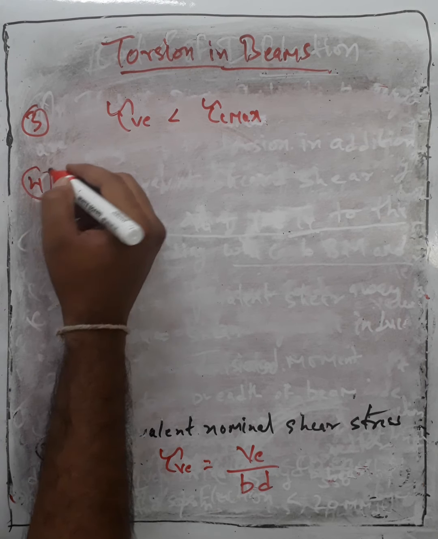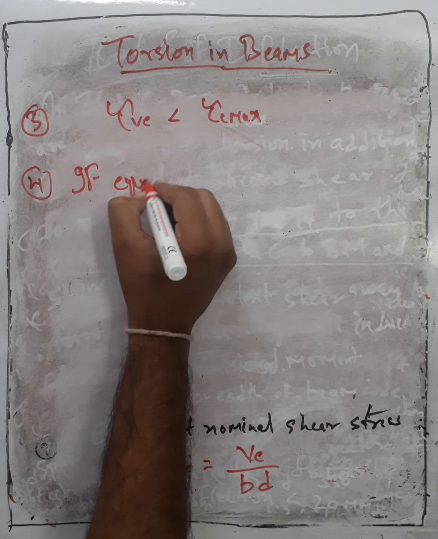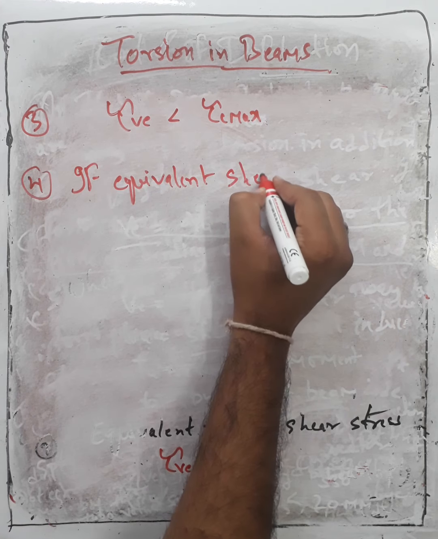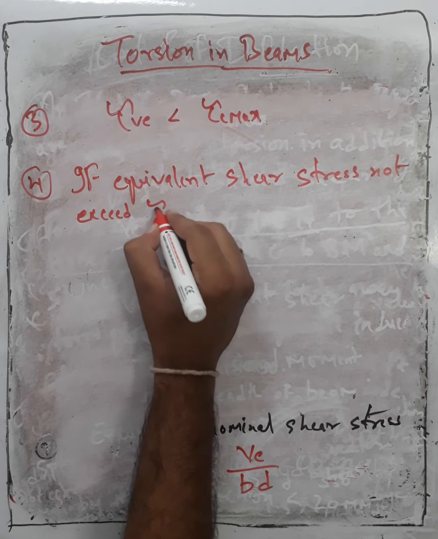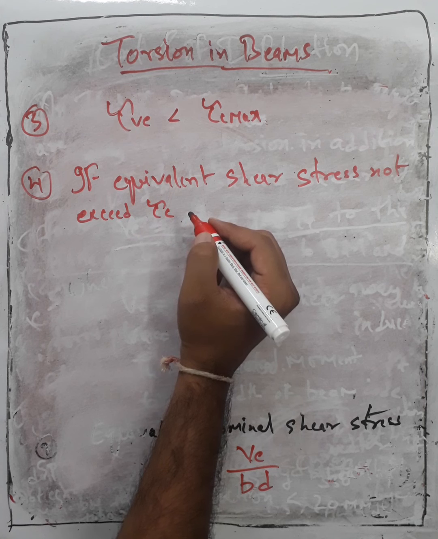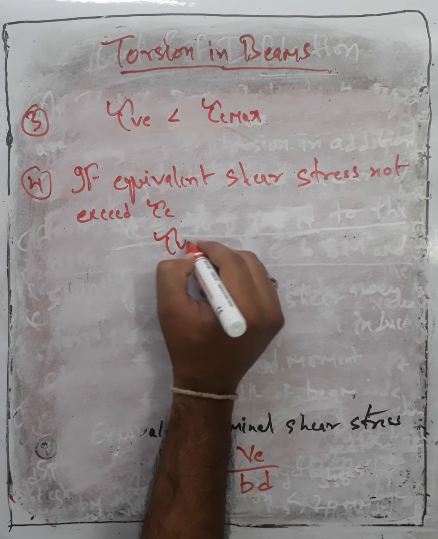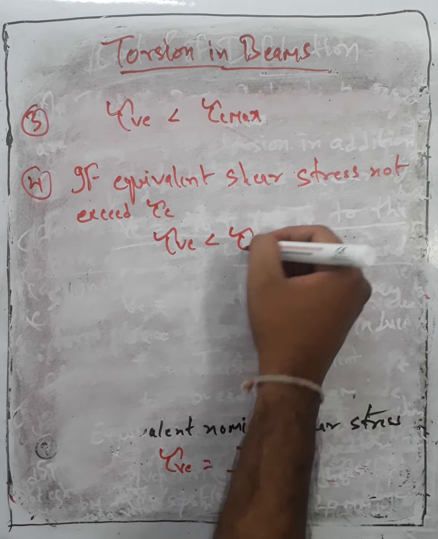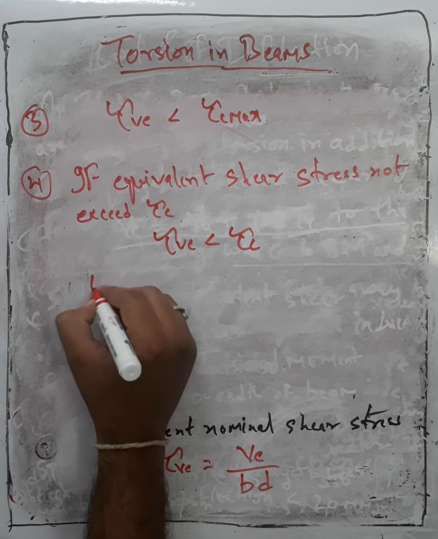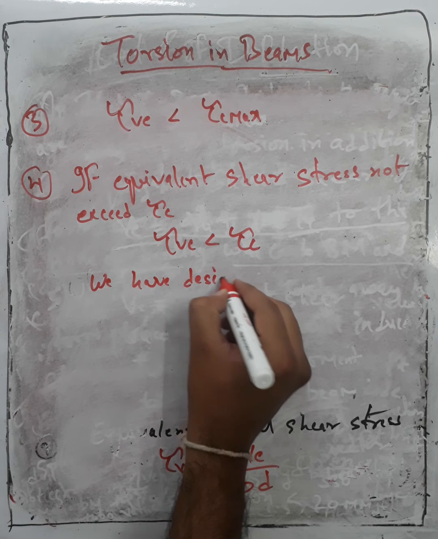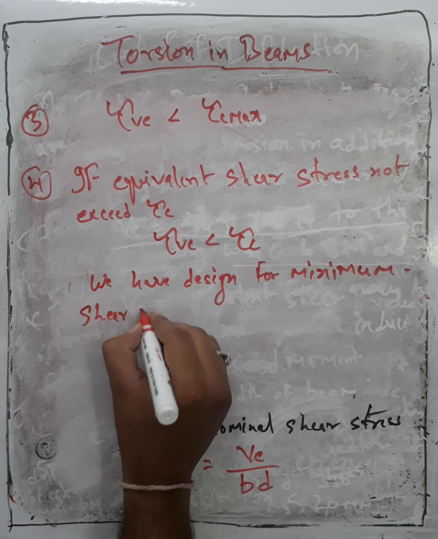Fourth one: if equivalent shear stress does not exceed tau C, same as in our previous shear reinforcement lecture, then we have to design for the minimum shear reinforcement.